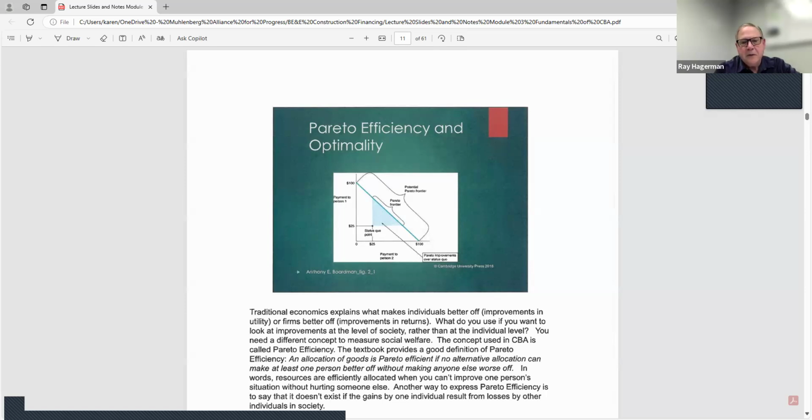You can see how that lays out on the graph: if you were to take $100 and split it up a variety of different ways, there's a finite area that we would call the Pareto frontier where it could be moved and still not damage that other person. They wouldn't be worse off than they were. They would still have the $25, but by moving outside those parameters, you would actually be making that person worse off, as you can see.